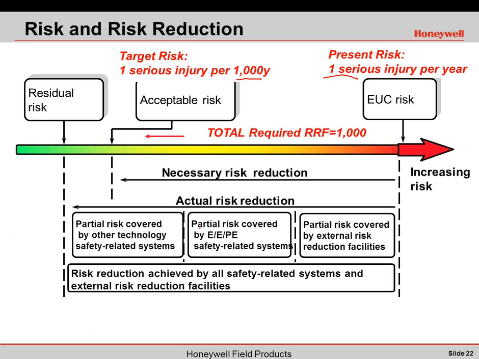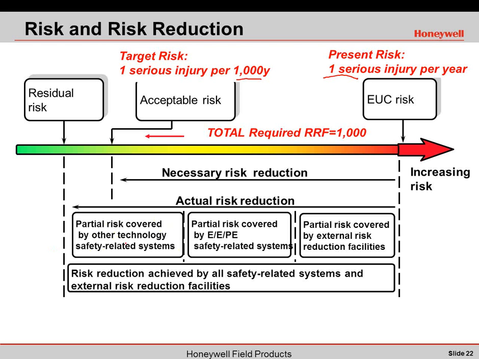So our actual risk reduction comes from risk reduction by external risk reduction facilities, our safety-related system, and that says partial risk covered by electrical, electronic, or programmable electronic safety-related systems. You also have partial risk covered by other technology safety-related systems.